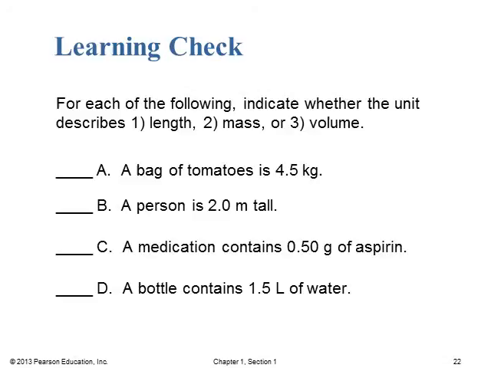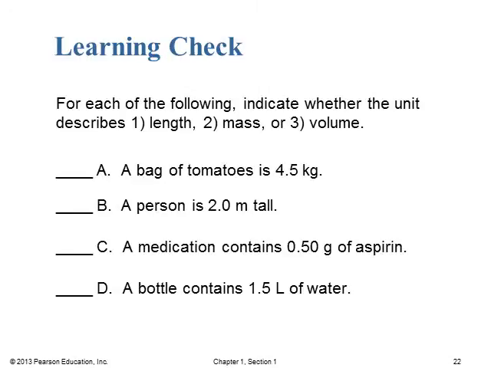So we just have to match up these different units of measurement with these different measurements conducted in different scenarios. In A, a bag of tomatoes is 4.5 kilograms, and if you remember, kilograms is the SI unit for mass, so scenario A is choice 2. Scenario B, a person is 2.0 meters tall, and meters is the metric and SI unit for length, so scenario B is choice 1.